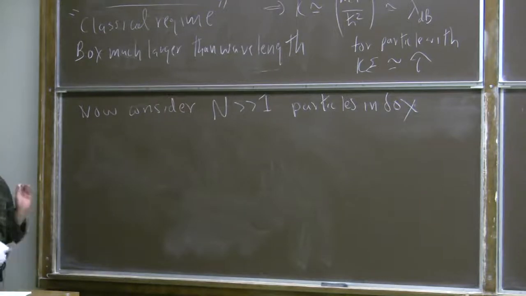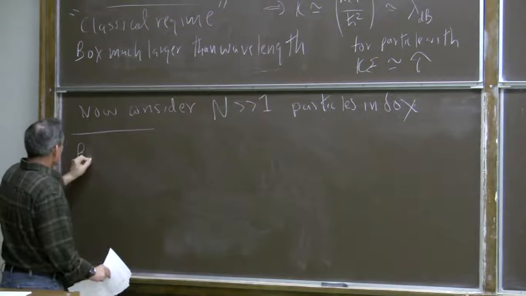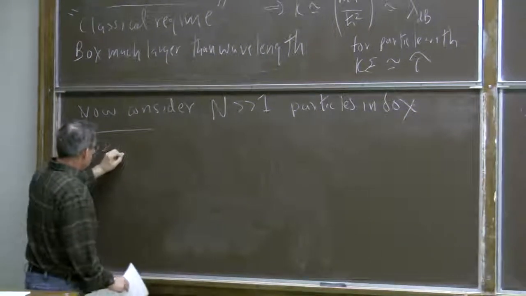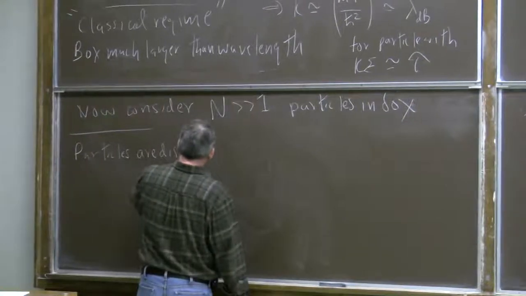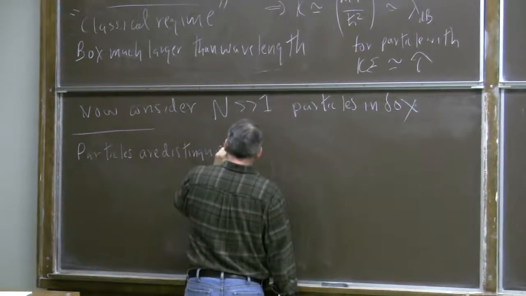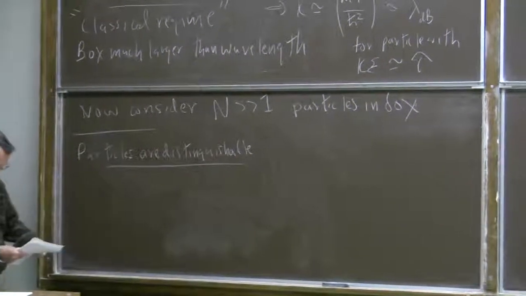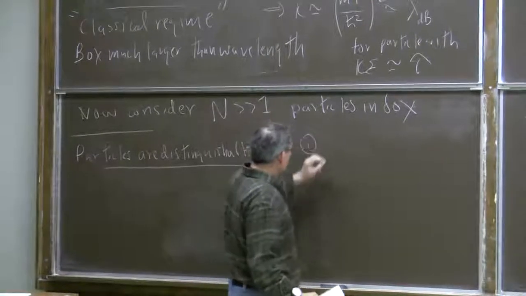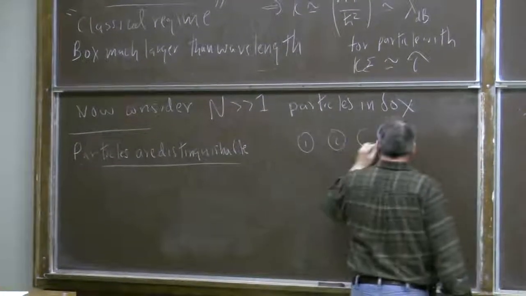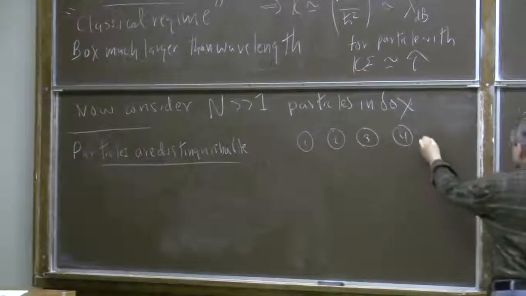Now I'm going to suppose that the particles are distinguishable, and then we'll come back and revisit this assumption later. So you can imagine that each particle carries a label. I've numbered them 1, 2, 3, 4, and so on.